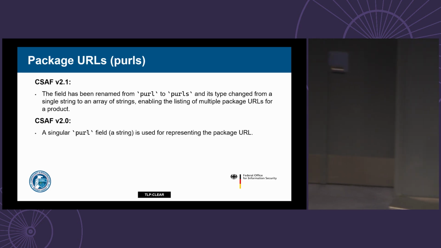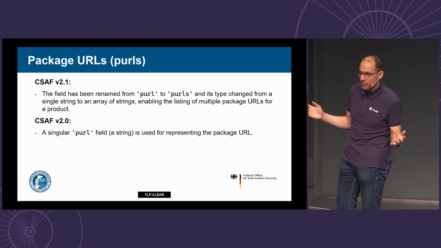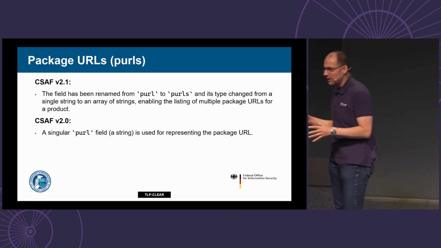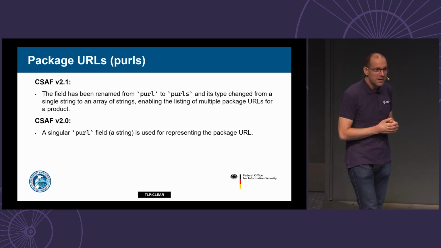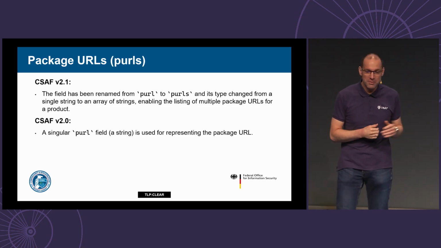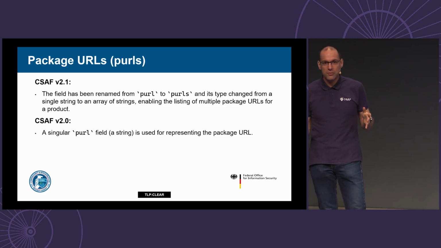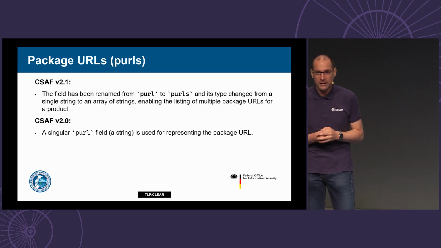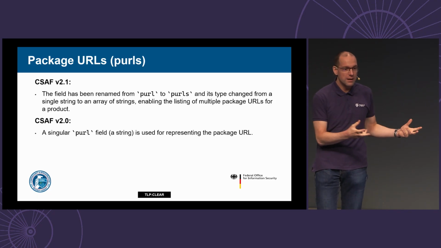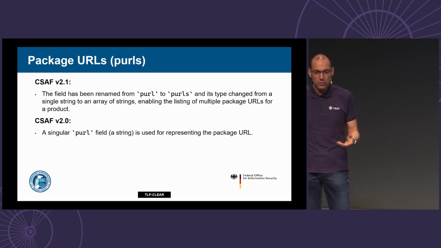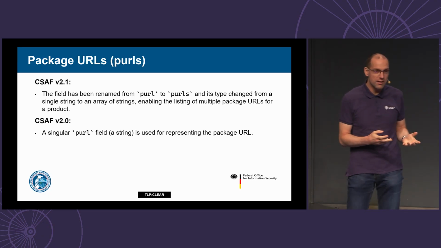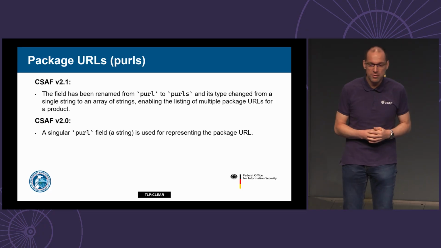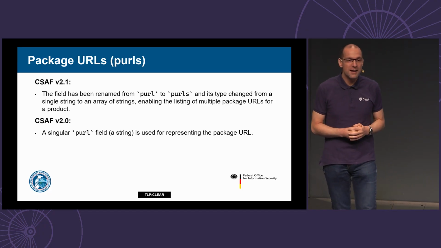Yeah, product identifications. We love our PURLs. It's not the only thing that we love as product identification helpers, but we love those especially. There was feedback from the community: PURL has these different qualifiers, and how am I able to put multiple PURLs into CSAF? And the answer for 2.0 is, well, you're not.